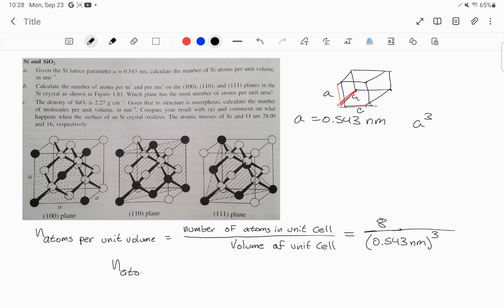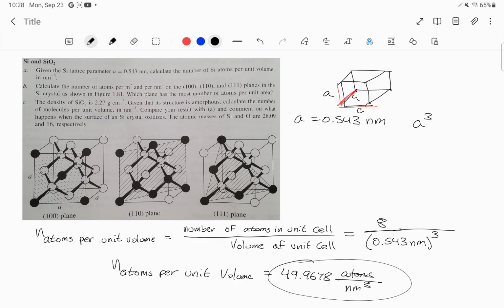So the number of atoms per unit volume is going to equal, if you put that into your calculator, 49.9678 atoms per cubic nanometer. And that is going to be the volume that one atom occupies.